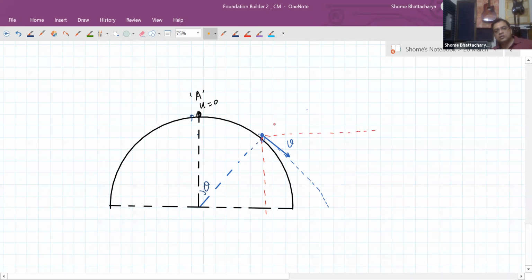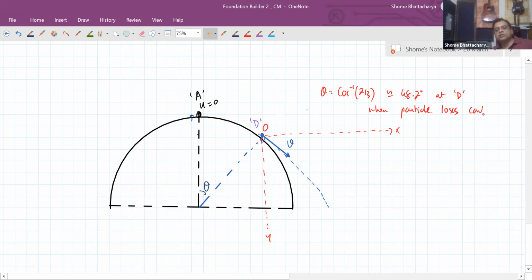Taking this as our origin, this as our x-axis, this as our y-axis. So this point was our point we had called D, where it lost contact. So this theta was cos inverse 2 by 3, or approximately 48.2 degrees at D, when the particle loses contact.